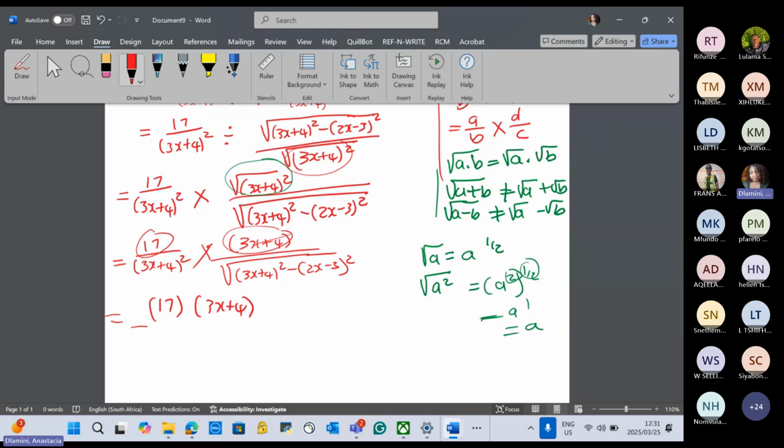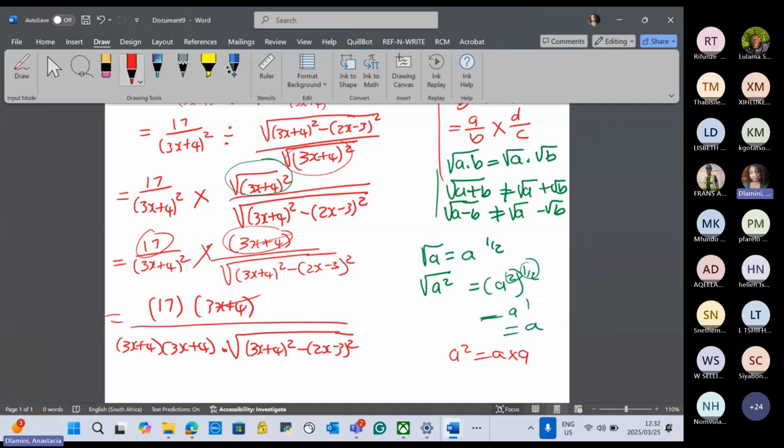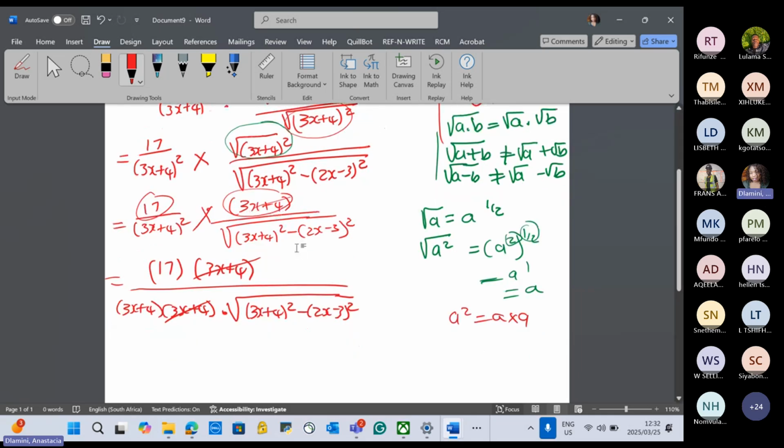Do we agree that a squared is the same as a times a? So this is 3x plus 4 times 3x plus 4 times the square root of 3x plus 4 squared minus 2x minus 3 squared. So meaning that this can divide one of them. So this equals 17 over 3x plus 4. Now that we have simplified everything, which part is remaining to simplify?